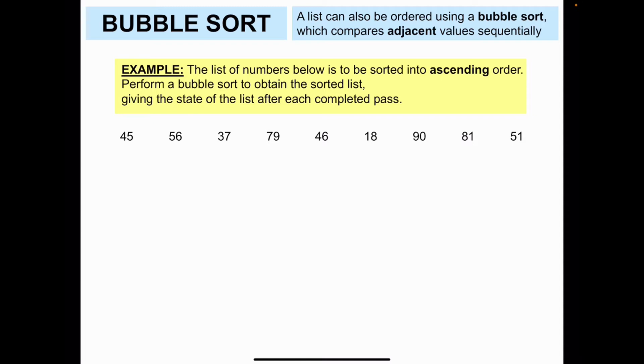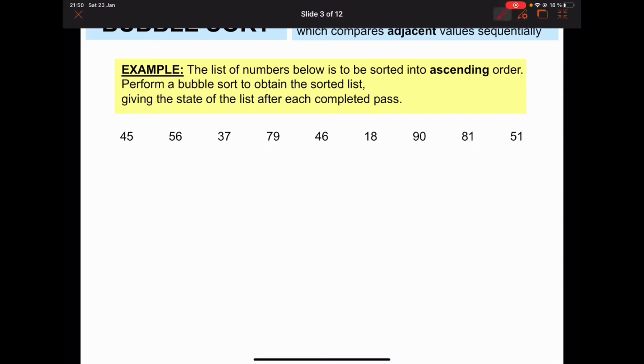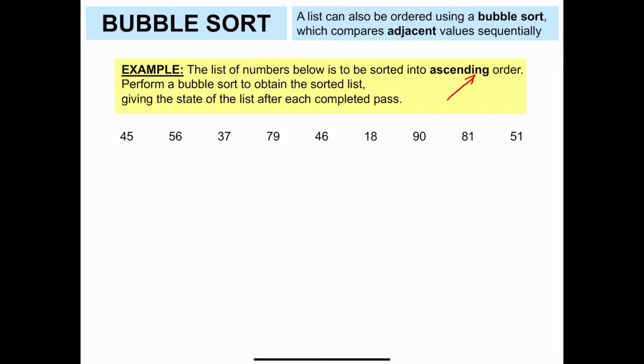Ascending order means that it goes from the smallest to the biggest, okay? If it's descending order, then it goes from the maximum to the minimum. The first thing, if you read the algorithm, is that you compare the adjacent values.